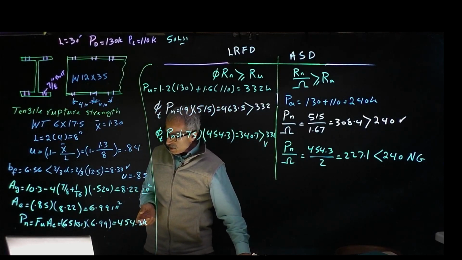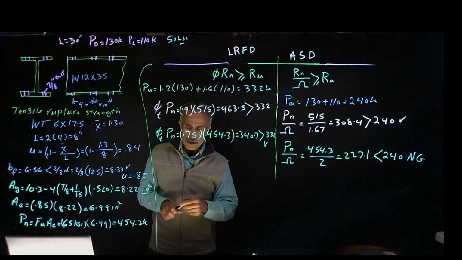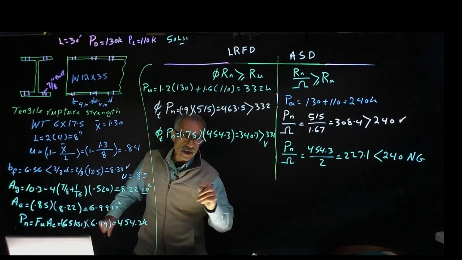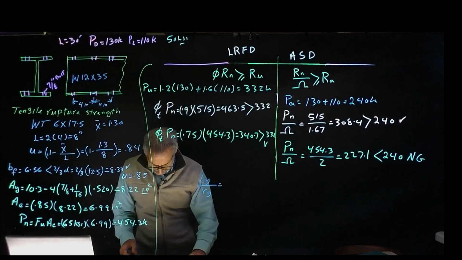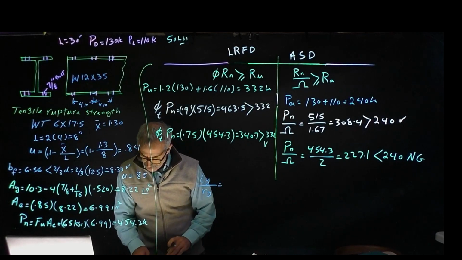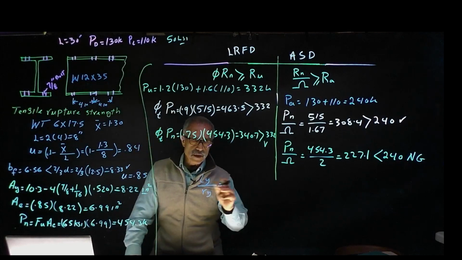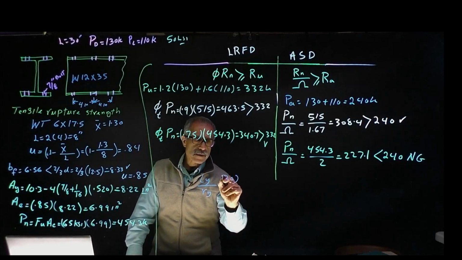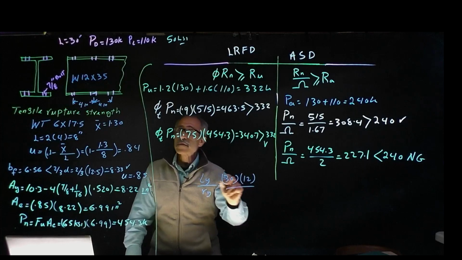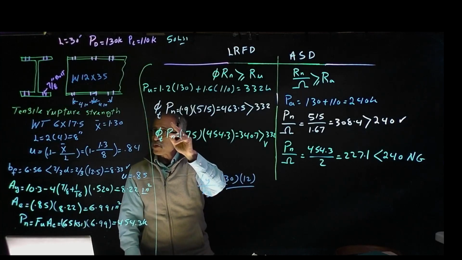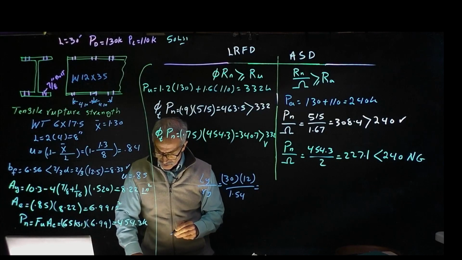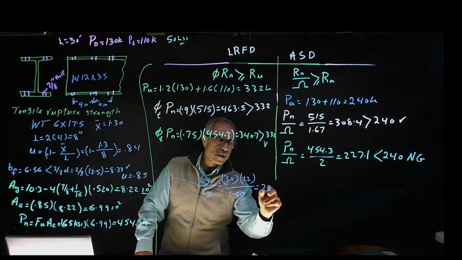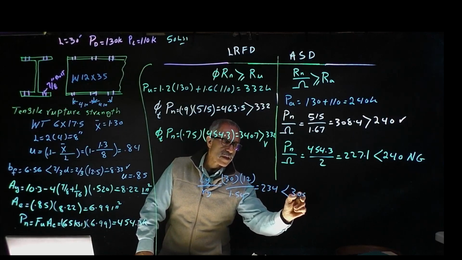And if you check out the slenderness ratio, which is basically Ly divided by ry, and Ly was 30 by 12, make that to inches, and I believe ry, which I erased, was 1.54, and that comes out to be 234, which is less than the 300 limit.